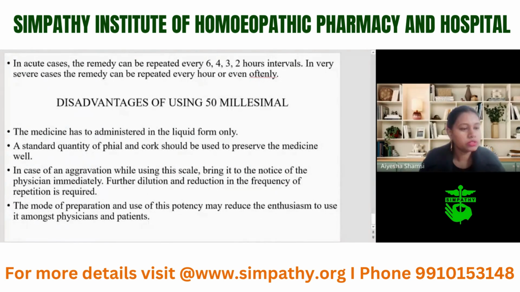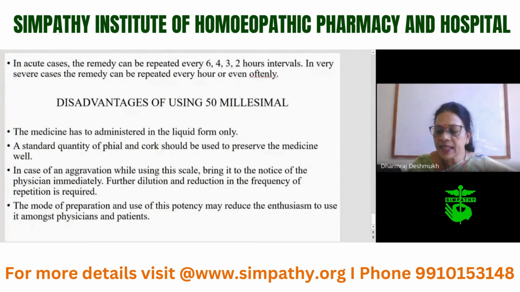How many drugs were studied by Dr. Hahnemann for the study of 50 millisimal potency? No, the exact number is not given anywhere, because this scale was introduced after the death of Dr. Hahnemann.